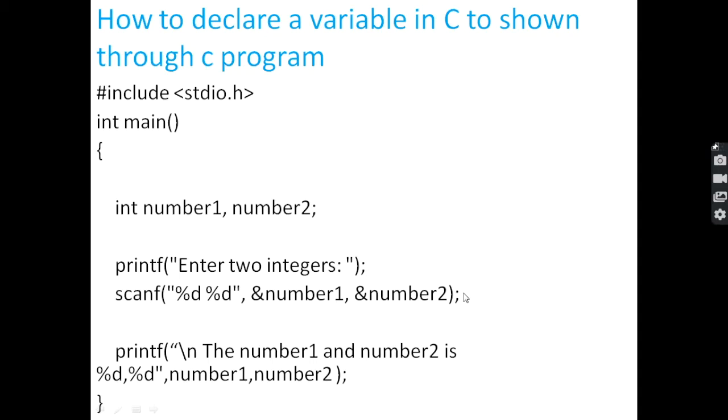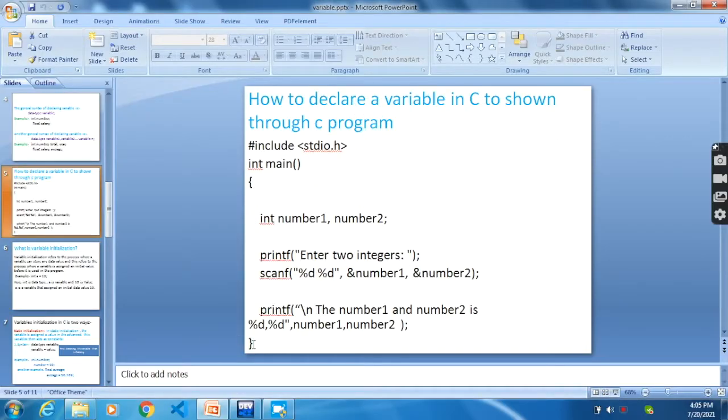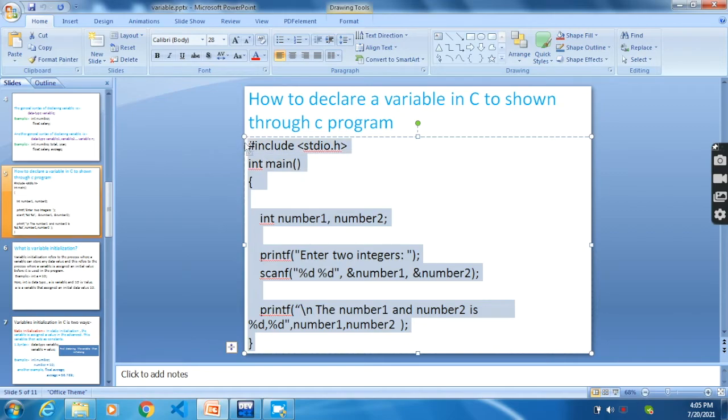Then printf "Enter two integers", scanf "%d %d" with &number1 and &number2. Printf "The number1 and number2 is %d %d" with number1 and number2. This program runs in the Dev C++ software.